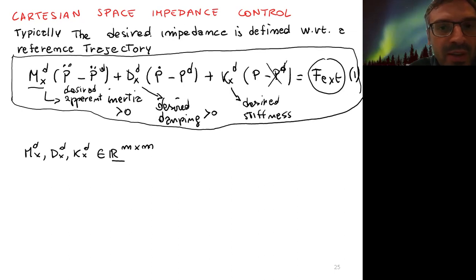So if I have this equal to 0, remember, I have the equation that we explained in the control lecture, that represents a second order spring mass system, right?